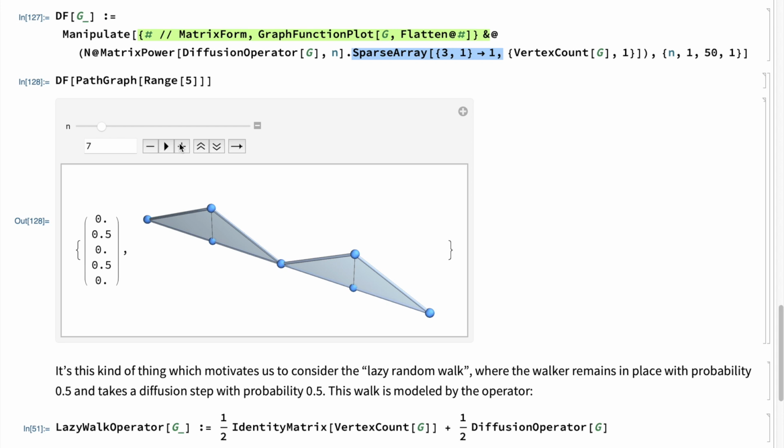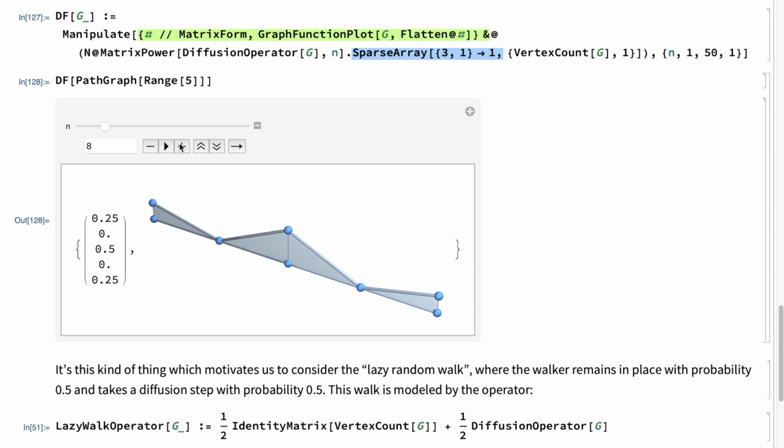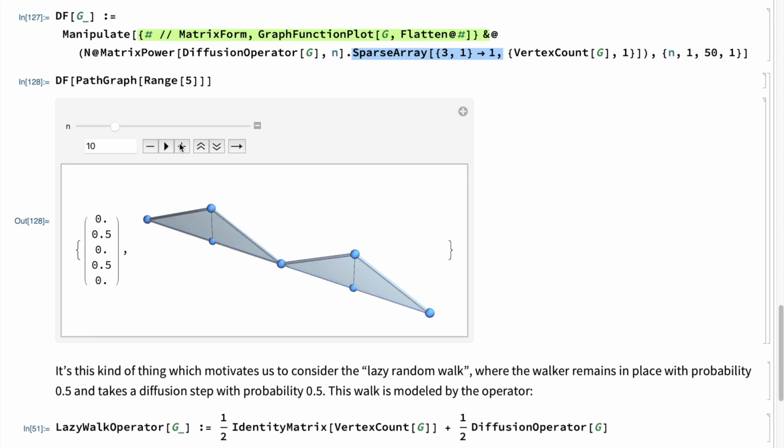And you can see this interesting phenomenon that for the path graph, we just get this blinking back and forth between the two possibilities. This is because there's a kind of even-odd phenomenon going on here. If you're at vertex 1, 3, or 5, you have to move to an even-numbered vertex 2 or 4.